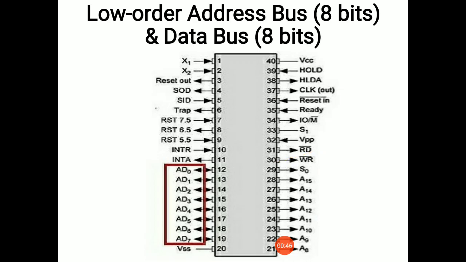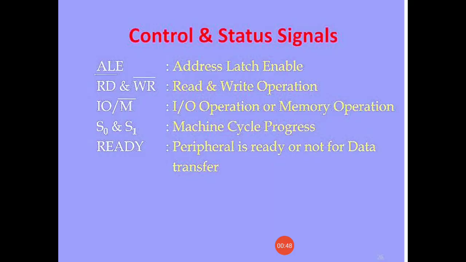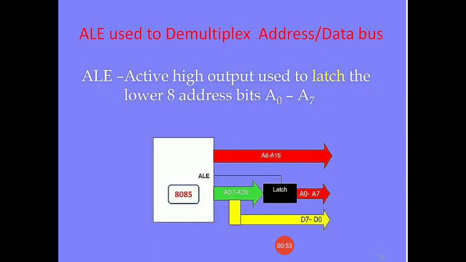In control and status signal pins, I discussed ALE, RD bar and WR bar. I told you that ALE is address latch enable, and it is used for latching the lower byte of the 16-bit address to make the AD0 to AD7 lines free for transferring the data.